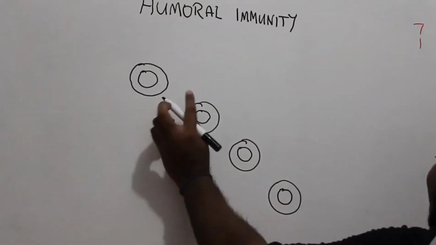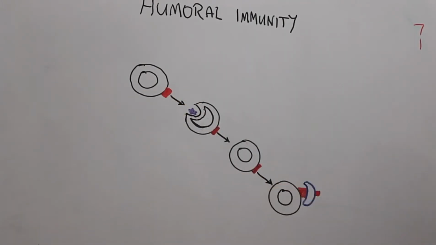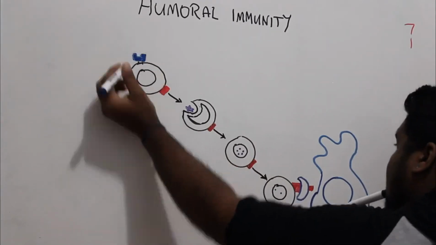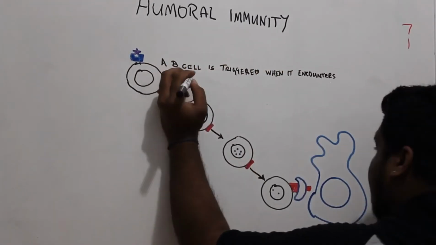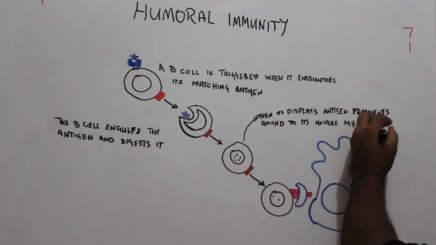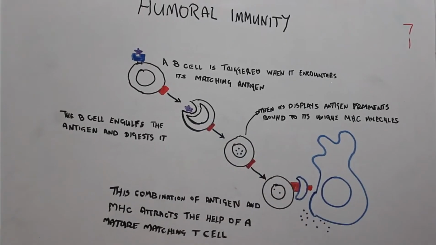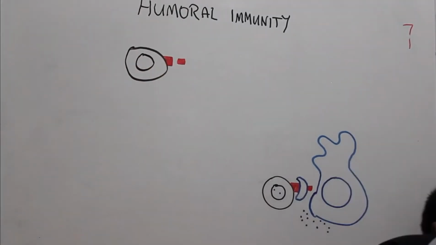In humoral immunity, as briefly stated by the picture below, we have the substrate molecules, which are the antigens. The B cells are triggered when they encounter a matching antigen. The B cell engulfed the antigen and digested it.